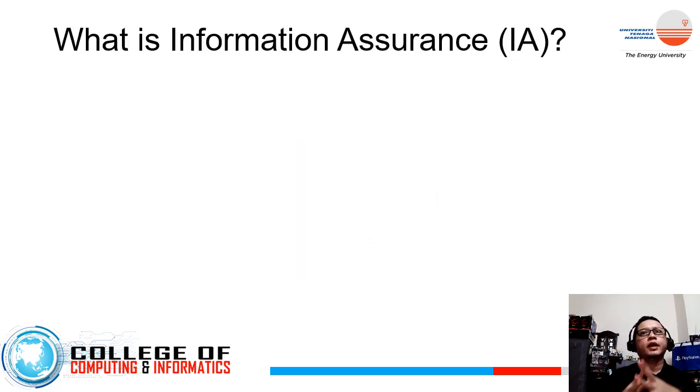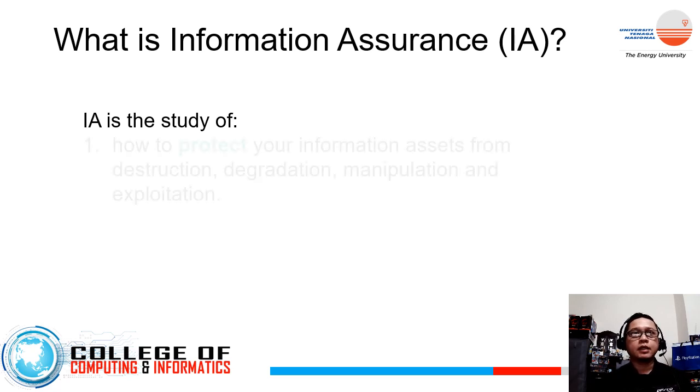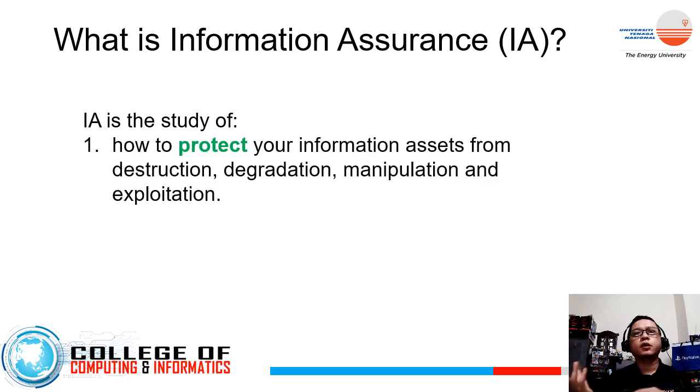Now on to our next coverage, which is information assurance. So what does it mean to have information assurance in an organization? And also this is the topic for your subject. So what is it actually? Okay, so basically IA, the one that you are studying now, is the study of how you protect your information asset from any risk that could come to it.